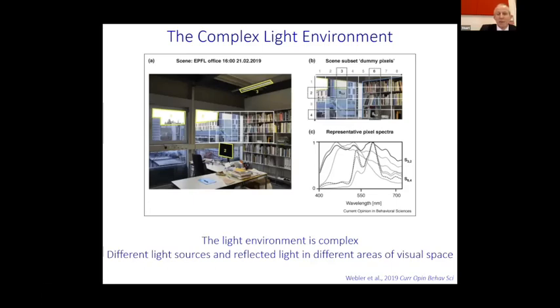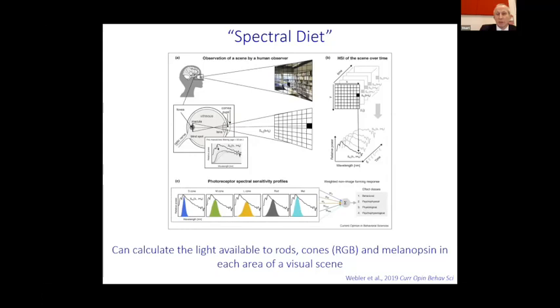Different areas of visual space will have a different spectral makeup. And these different parts of the visual scene will fall onto different photoreceptors on the retina: the red, green and blue cones, the melanopsin and the rods. So this potentially creates a lot more complexity than we often consider.